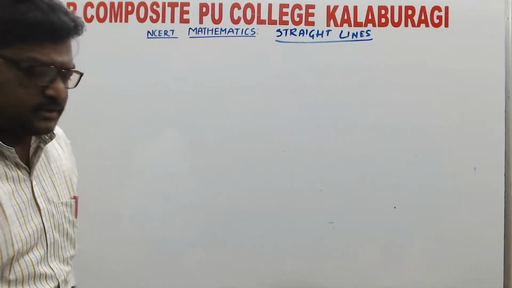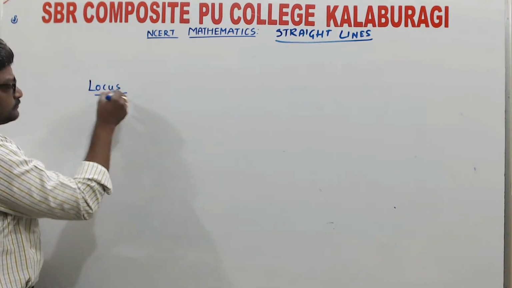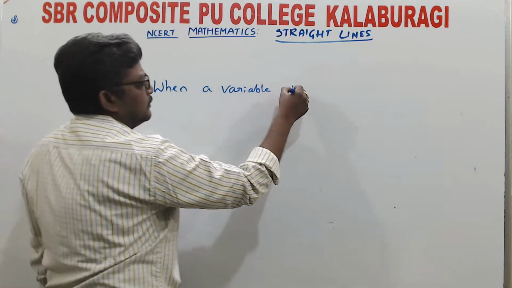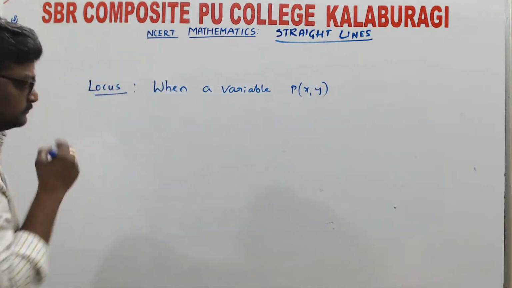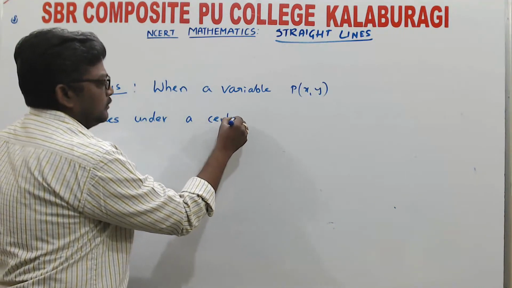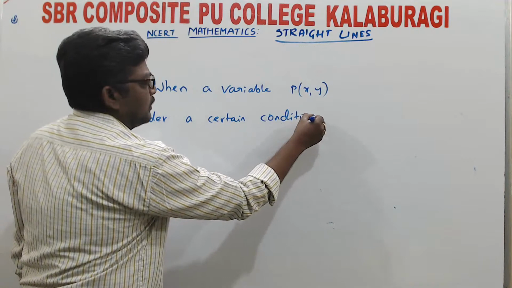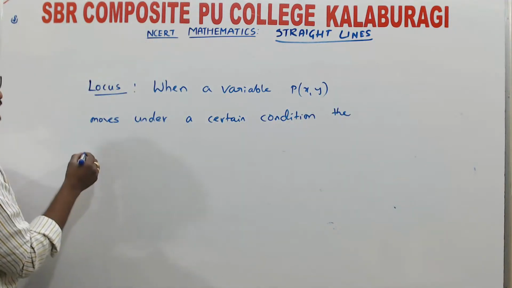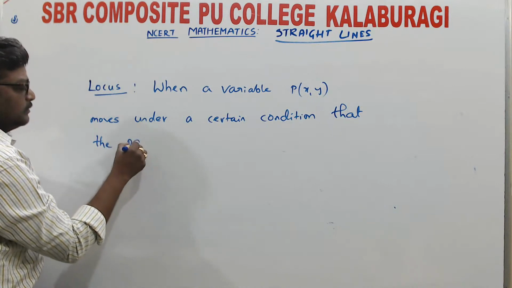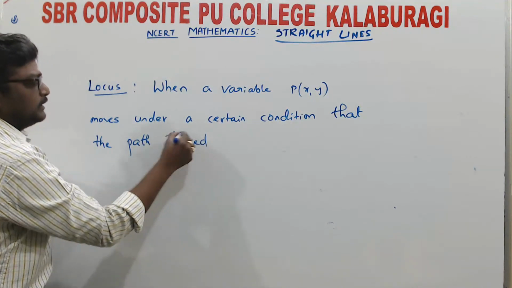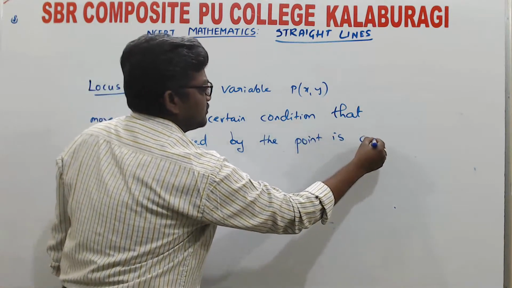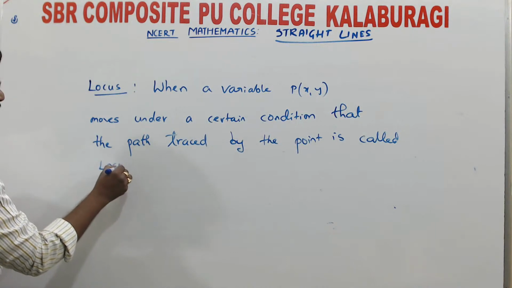And in that we have been using locus. The locus definition is: when a variable point P (x, y) moves under a certain condition, the path traced by the point is called locus.